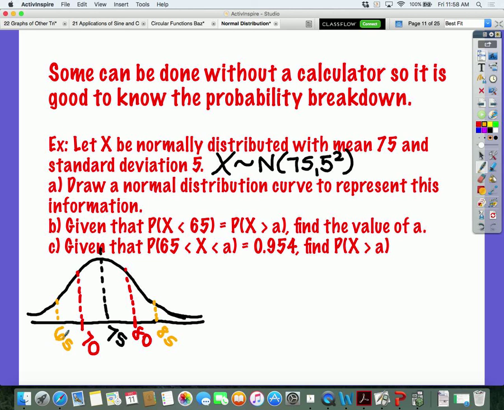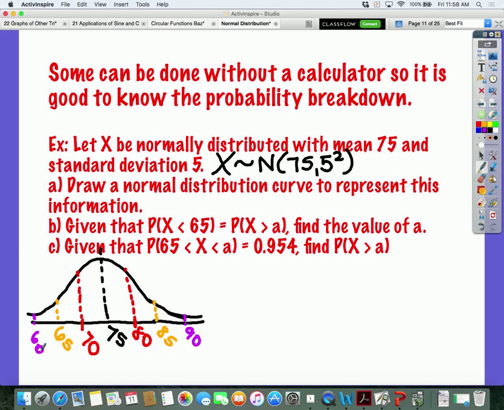So remember, from red to red, that makes up how much of a percentage? 68. 2 standard deviations make up 95, and then the last one is 99.7, which will be the values of 90 and 60. So that would be how you would draw a normal distribution curve. Any questions about that?